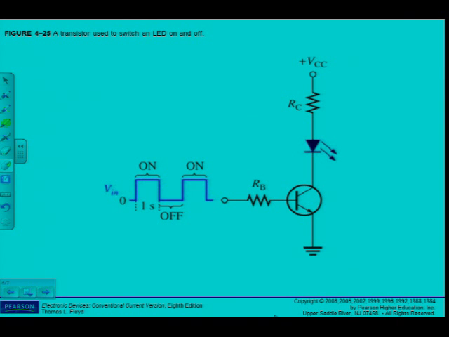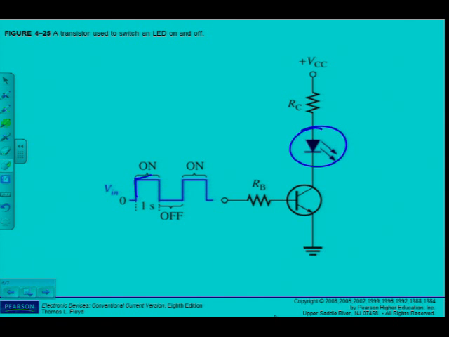So if the question asks you to draw a simple circuit of a transistor being used as a switch with an LED, you can see here that if the square wave is applied to the base, it will drive the transistor into saturation by exceeding the minimum base current, as we've seen in the previous example, and switch the diode on.